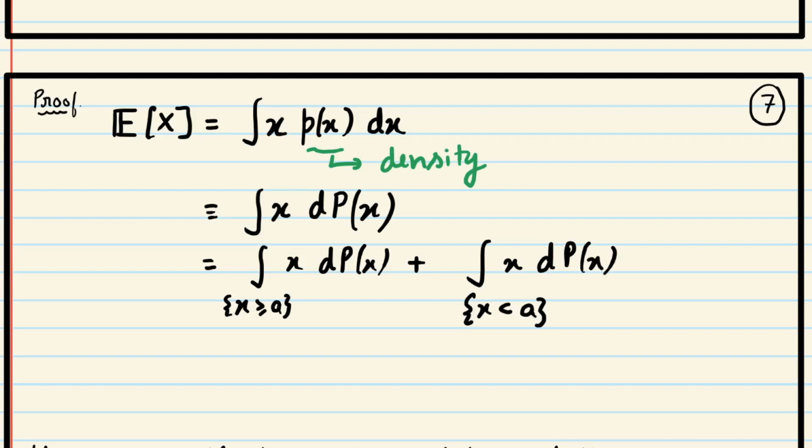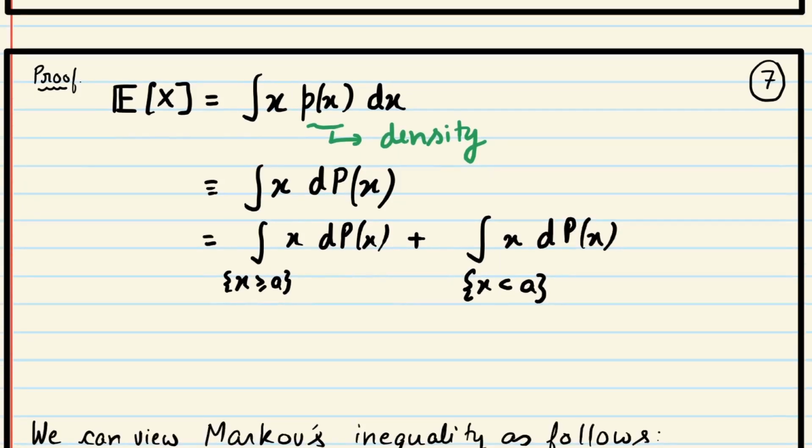If you look at the first set, throughout the set this random variable x is at least a. So I can bound this quantity here by a. This comes out, this is always greater than a, so this is an integral. Maybe it's a better notation to use.